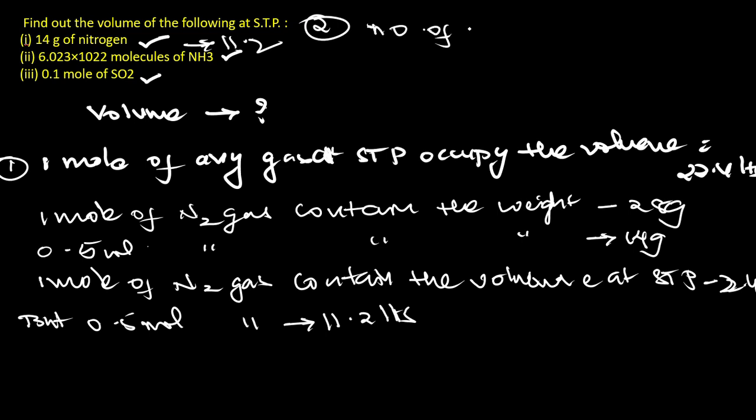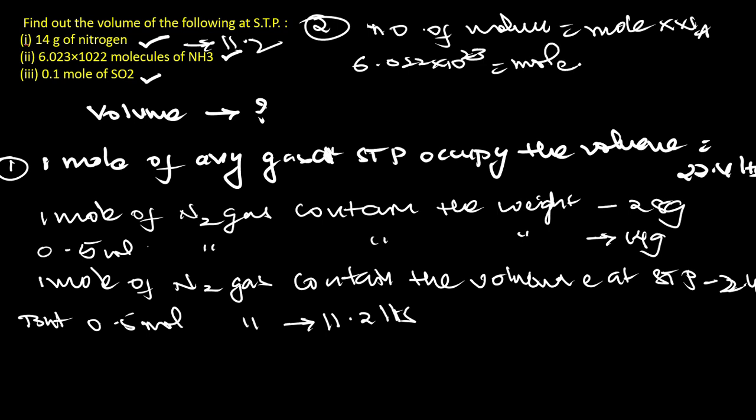The number of molecules given is 6.022 into 10 to the power of 22, so mole is the number of molecules divided by Avogadro number.